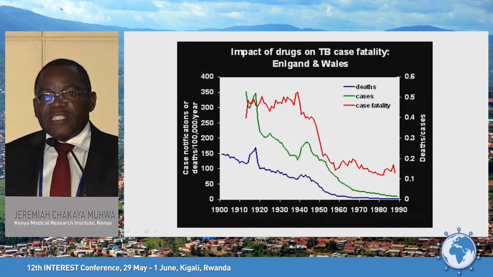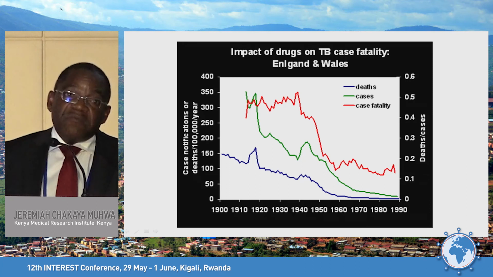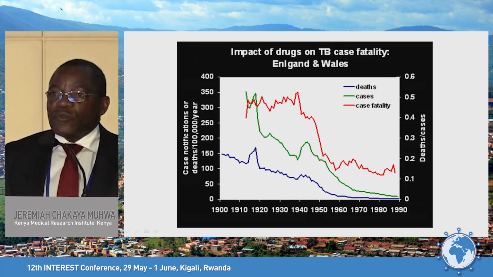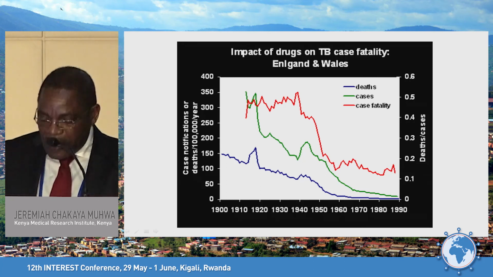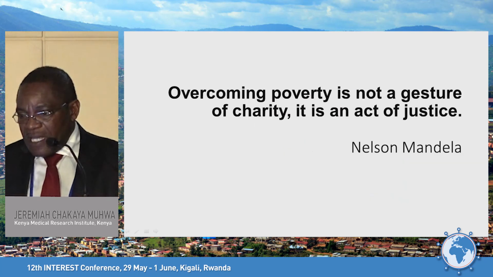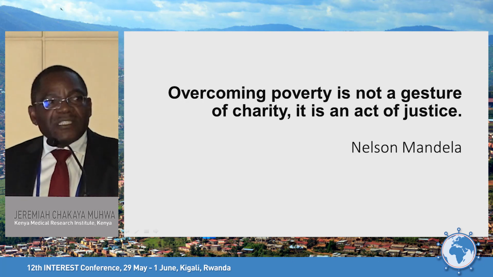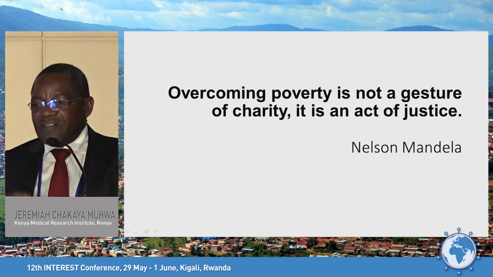If people are lifted out of poverty with better social conditions, maybe TB rates would come down and it would be much easier to achieve the End TB targets that we are all very happy with. So it is important that we all start thinking about poverty reduction.